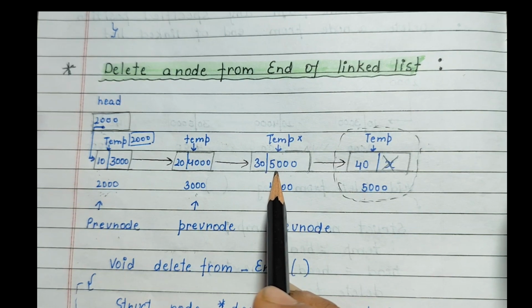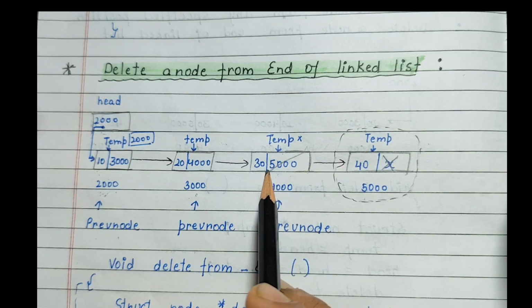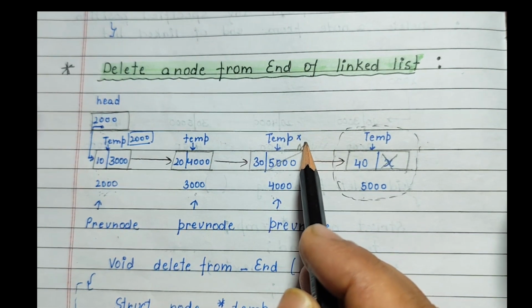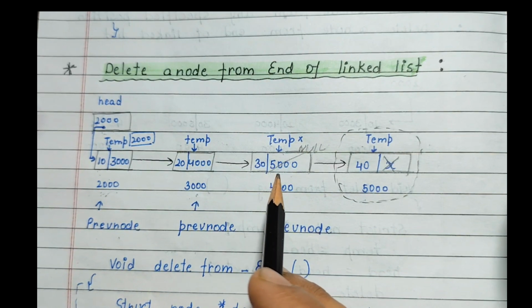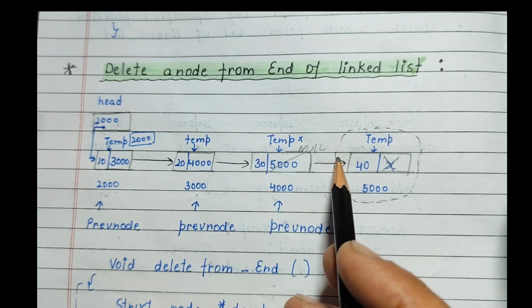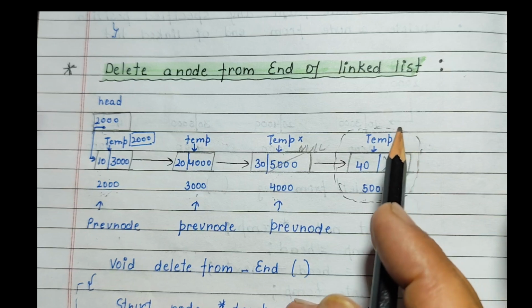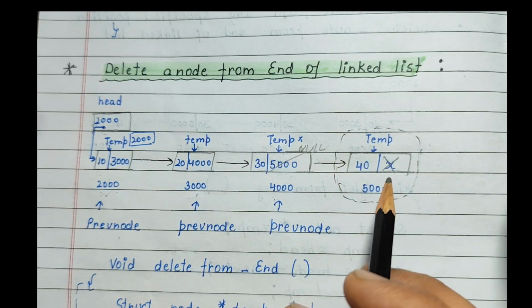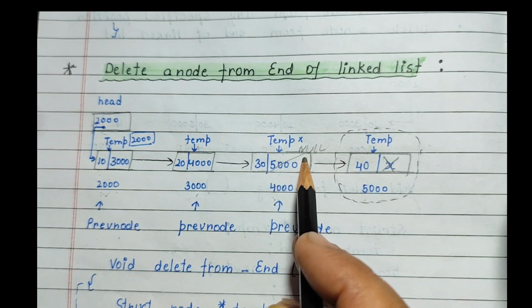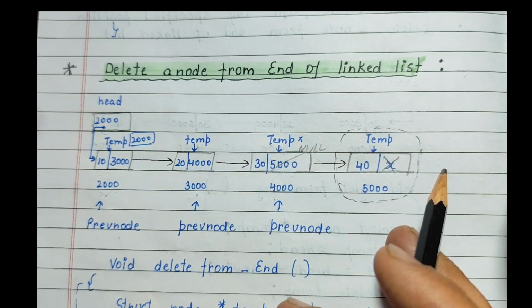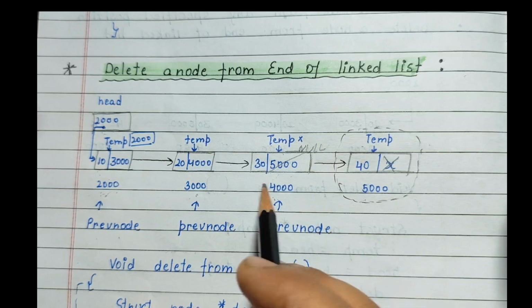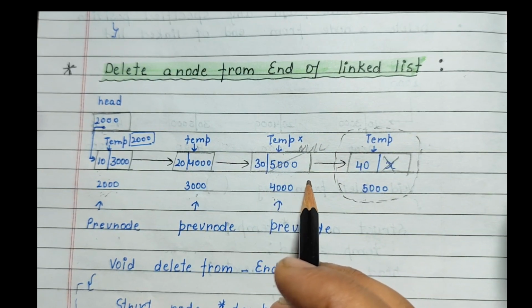If I update here a null pointer or null value, then after this I delete this temporary variable. If I update the value null here, it means there is no further node, and this becomes the end of the linked list.